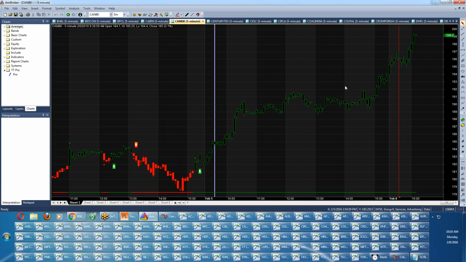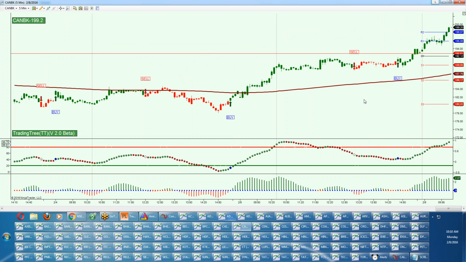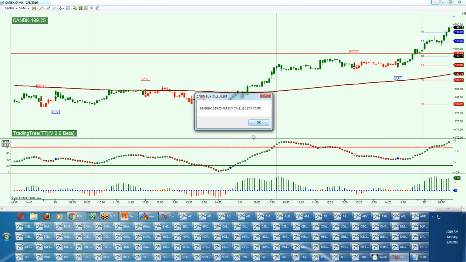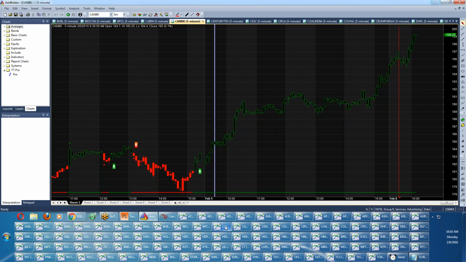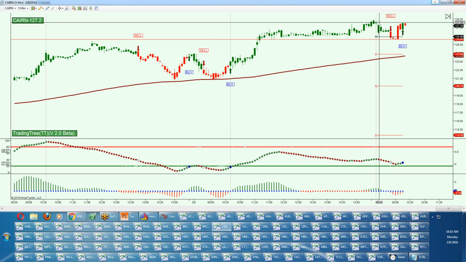So that's CanBank. It has been doing really good. So can we have a buy? So your buy price will be something like this, 127.60.